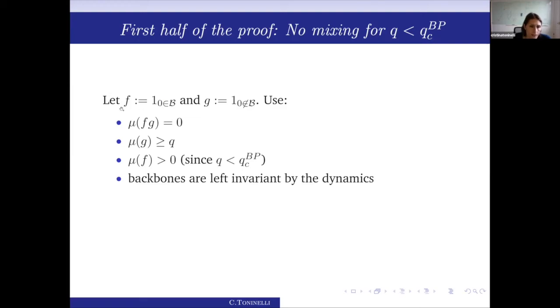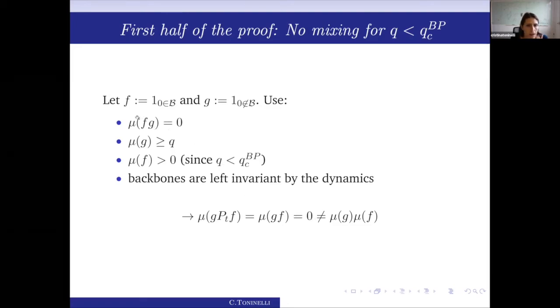Then I can easily show that there is no mixing with the following choice of the two functions, for which I can show that the mean of the function g times the function f evolved at time t does not converge to the product of the means.